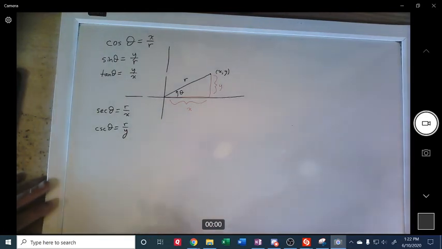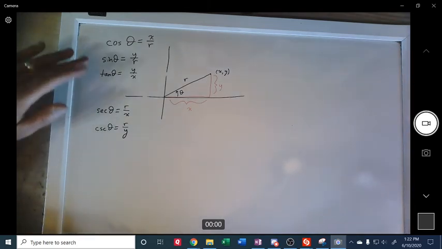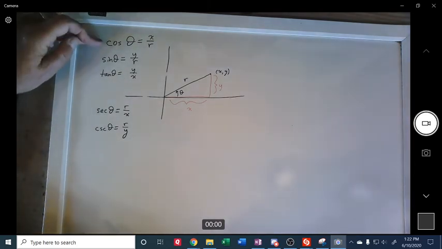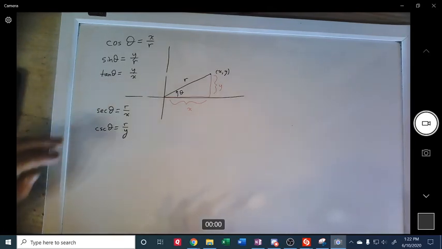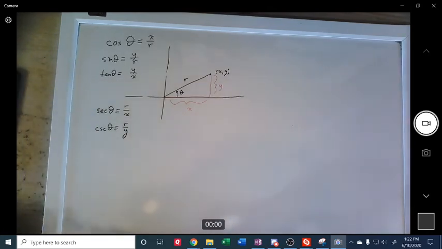All right, now, if you have trouble remembering which one went with which, is the reciprocal of cosine the secant, or is it the cosecant? And if you've had troubles remembering that in the past, there's a really simple memory device that makes it really easy to understand.